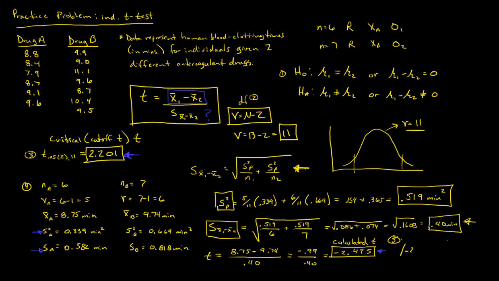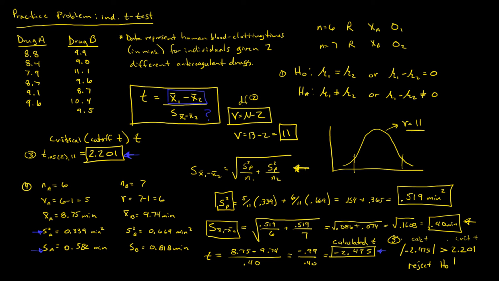Negative 2.475, absolute value, is greater than 2.201. So our calculated t is greater than critical t. And so what's the decision? The decision is to reject the null.